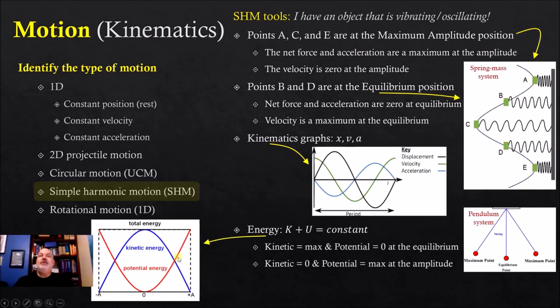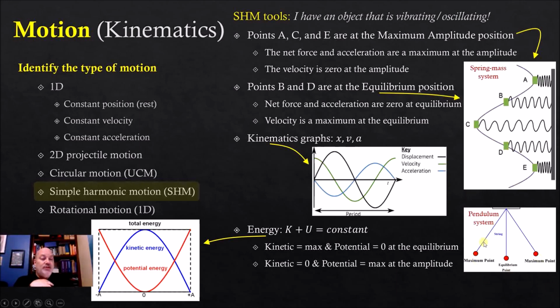And then there's energy going on here. If you look at the spring, when it's completely at its maximum compression or maximum stretch, you have maximum spring potential energy. But it stopped moving, so there's no kinetic. But when you're in the center, where you have your maximum velocity, you'll have all kinetic and no potential because the spring is no longer compressed or stretched.